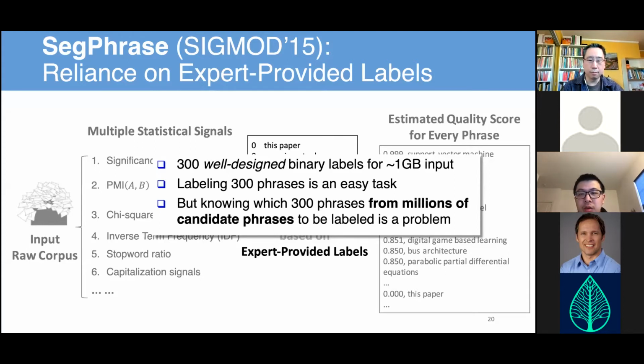So let me show you how we end up with these well-designed labels for SegPhrase. We use a method like the active learning perspective. We first come up with 10 or 20 annotations. We train the model, and then we eyeball the results and find some new interesting phrases.